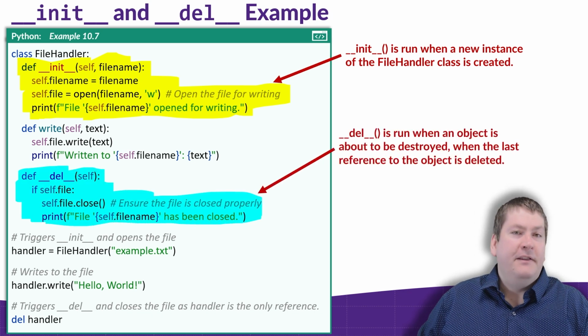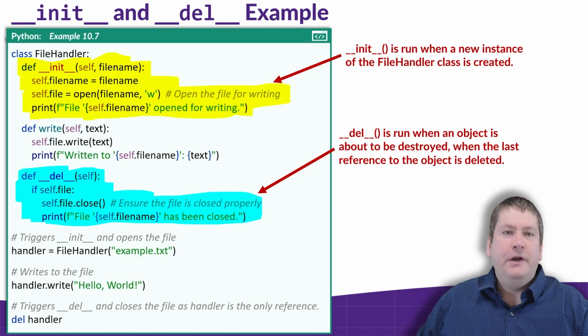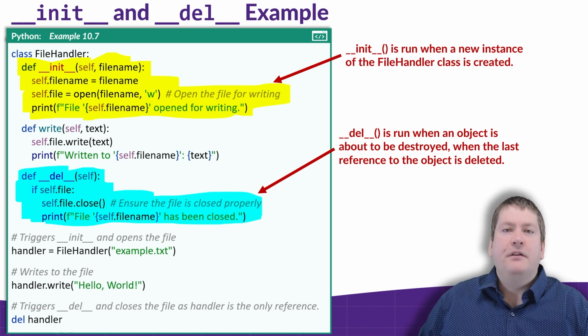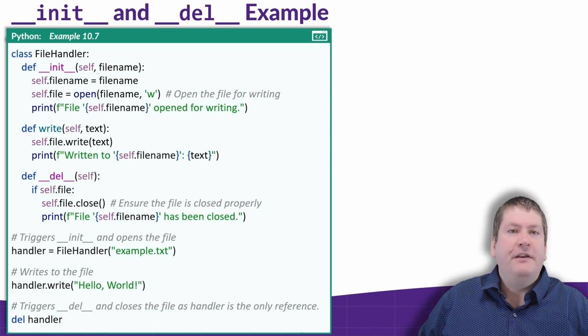We also added the delete method. And remember, this is going to be called just before the object is destroyed, and it's going to close the file and write to the terminal, file, whatever the file name is, has been closed. We also have a write method in there, and the write method is simply going to write to the file using the file's write method.